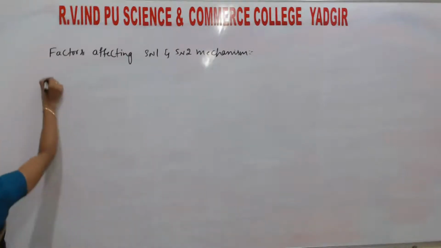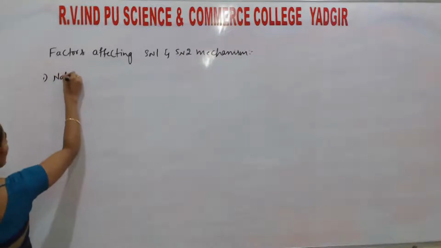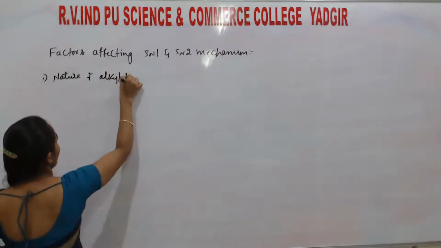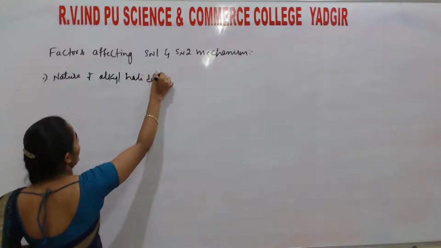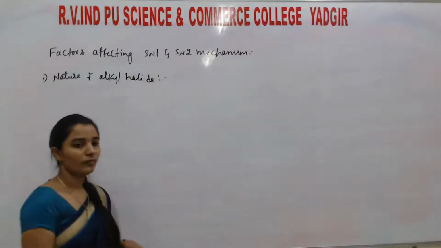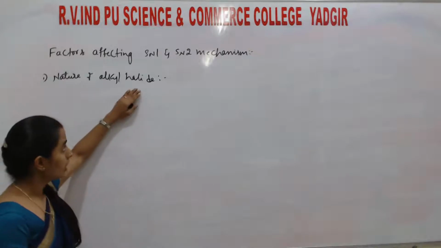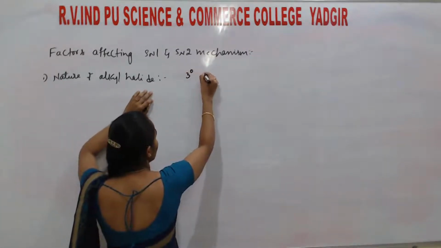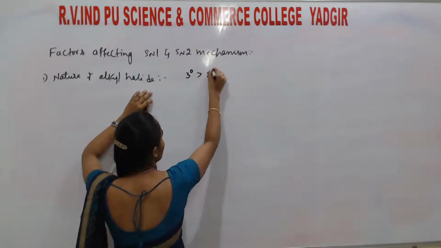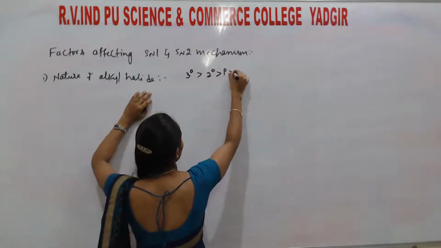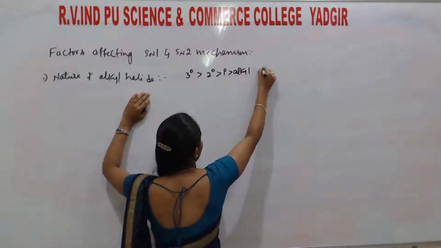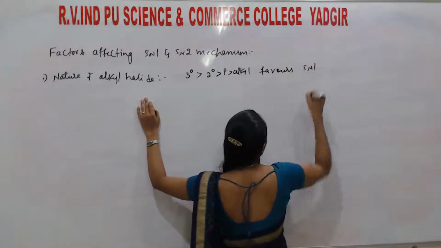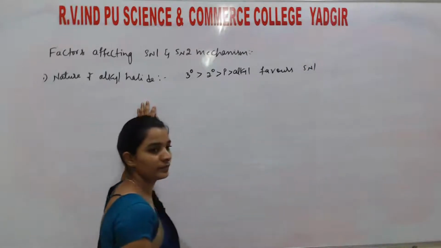The first one is the nature of alkyl halide. If the alkyl halide is tertiary, it favors SN1 mechanism: tertiary greater than secondary, greater than primary, greater than methyl.